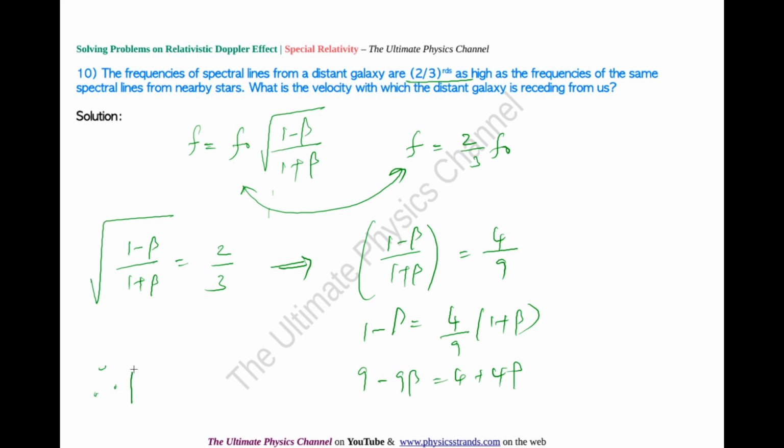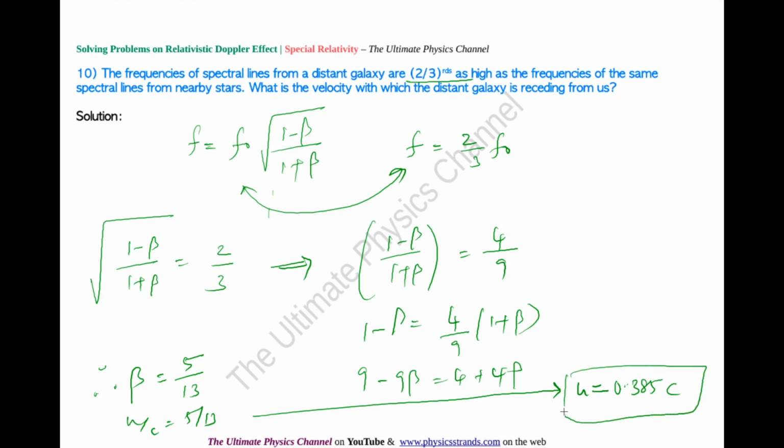And therefore 13 beta would be 5. So beta would be 5 over 13. So your u over c is 5 over 13. That gives me u is equal to 0.385 c. This is the speed with which these distant galaxies are receding away from the Earth.